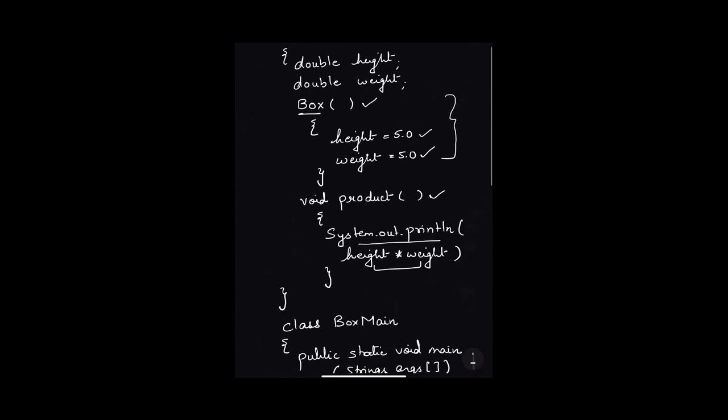I have my class box and two variables defined, height and weight. This was my default constructor. If I have to create a parameterized constructor, a simple modification is required in this program. We have to assign some parameters as arguments. Let's suppose I say double A and double B.